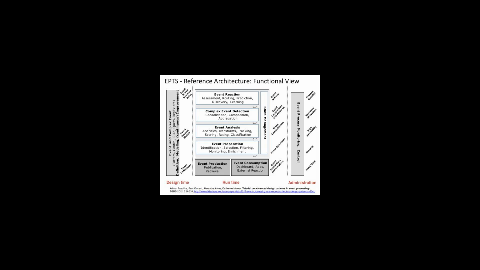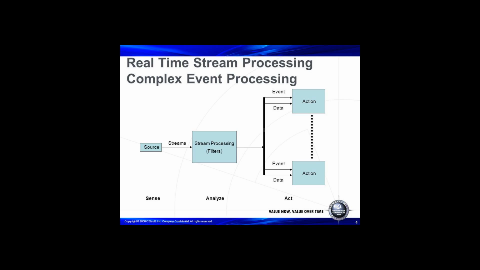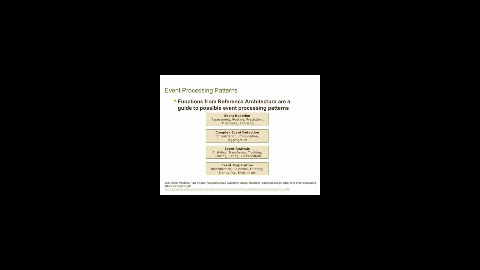TIBCO BusinessEvents and StreamBase, SEP platform and high-performance low-latency event stream processing. WebSphere Business Events. WSO2 CEP, complex event processing written in Java. Designed as part of a series of middleware components. Apache Flink, open-source distributed stream processing framework with a SEP API for Java and Scala.